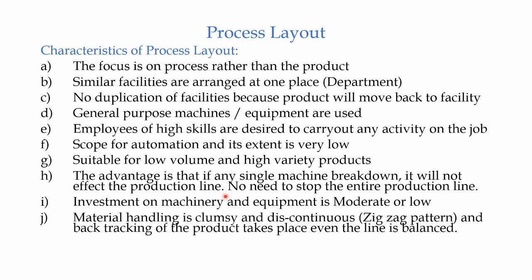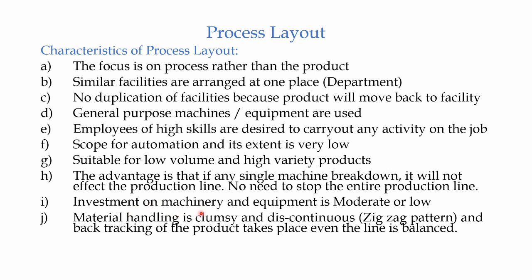All operators are highly skilled so that they can carry out any operation on a particular product depending on its design. So there is no need to stop the entire production line because of the breakdown of any single machine. And investment on machinery and equipment is moderate or low because there is no duplication, as well as we are using general purpose machines, so the cost will be less.